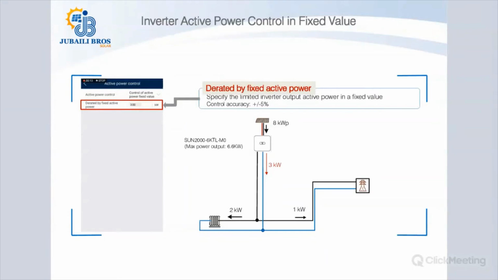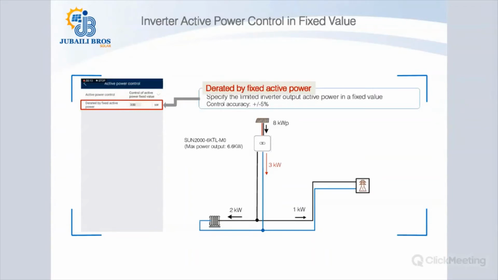This function can be controlled and accessed using the FusionSolar application. We need to connect to the inverter directly, go to power adjustments, and select or insert the power that we want to maintain the inverter at.